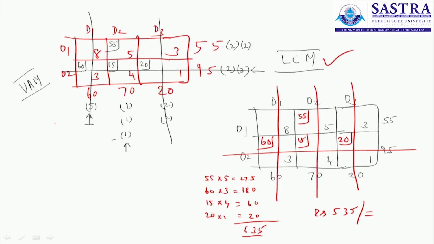55, 55, 60 plus 15 plus 20, 95, 60, 55 plus 15 is 70, then 20. Now what is the total cost with respect to Vogel's approximation method? 55 into 5, then 60 into 3, then 15 into 4, then 20 into 1.